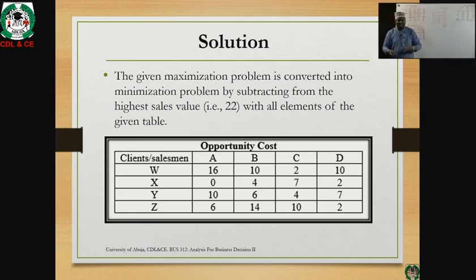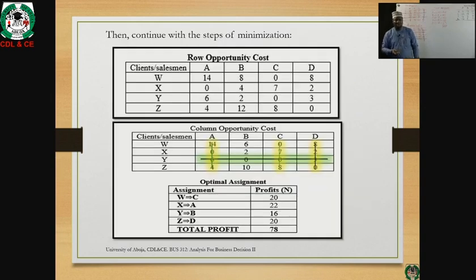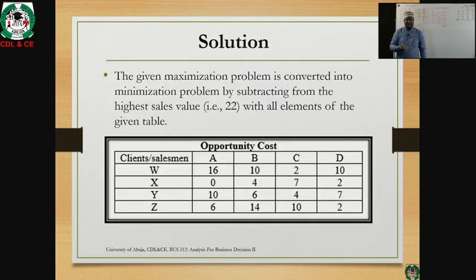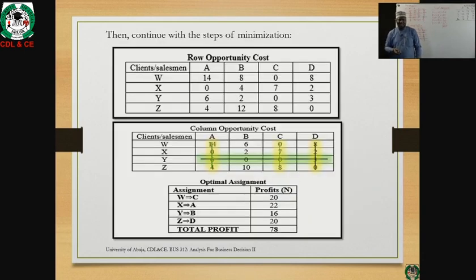How? The next step is to find what we call the row opportunity cost table. What is the row opportunity cost table? Look for the smallest number in each row. If you check the first row here, the smallest number is 2. Subtracting 2 from the X row will give 14, 8, 0, and 8. Let's check. That is exactly what we have, 14, 8, 0, and 8.